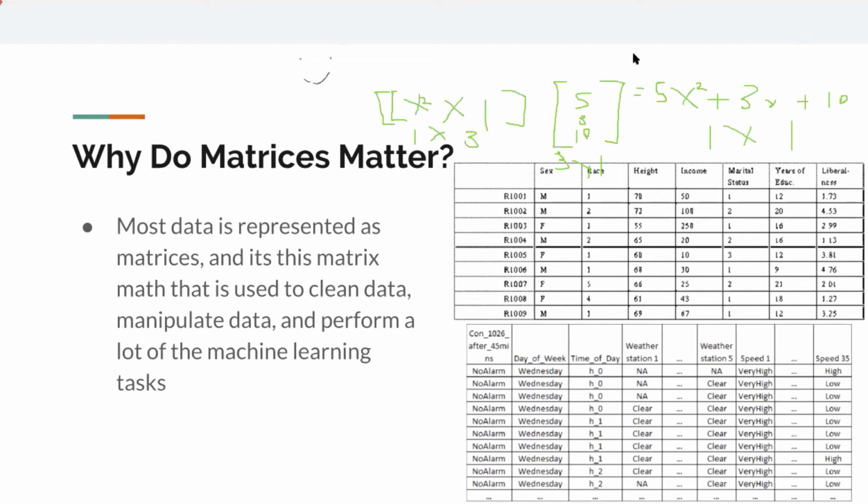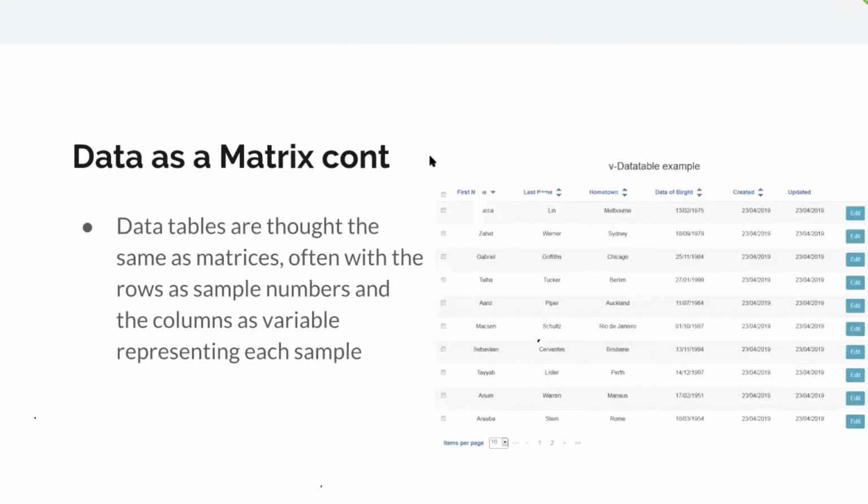This is why matrices are actually useful, because you can represent a lot of things in algebra, which is why it's called linear algebra, in this matrix, vectorized form, which is very cool. You can think of data tables as matrices because they have rows, which are often the samples, and columns, which are often the variables.